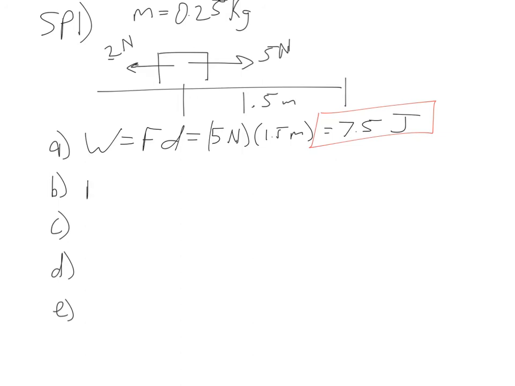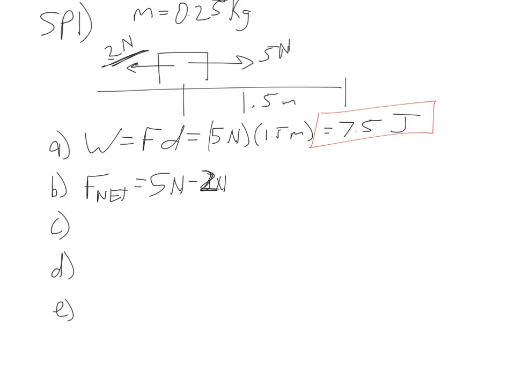So we have F net, which is going to equal the force to the right minus the force to the left. So 5 newtons minus 3 newtons. Oops, sorry, 5 newtons minus 2 newtons. Sorry about that, because it's 2 newtons here.